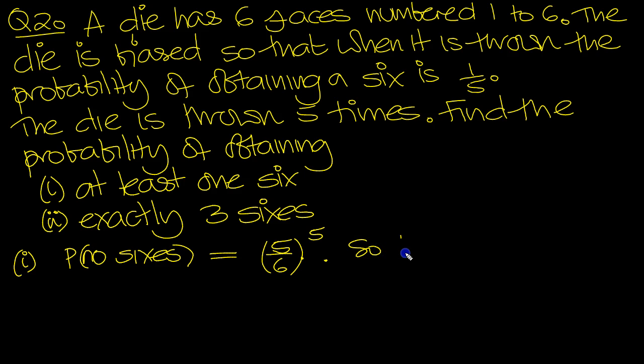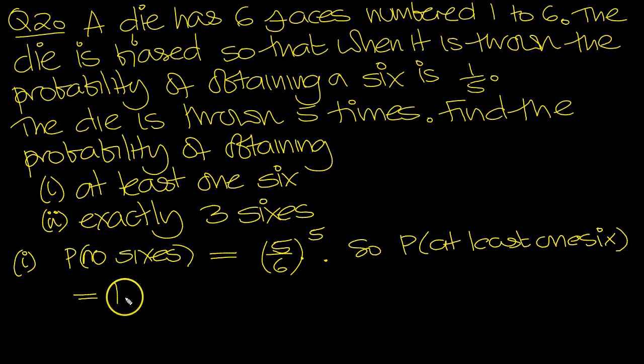So the probability of at least 1 6 is equal to 1 minus 5 over 6 to the power 6, which equals, and we can tap that in the calculator.